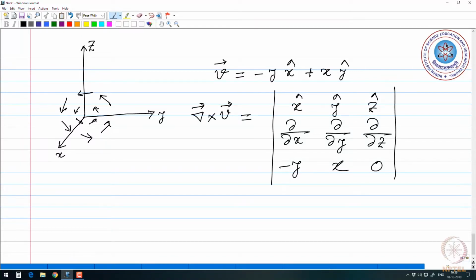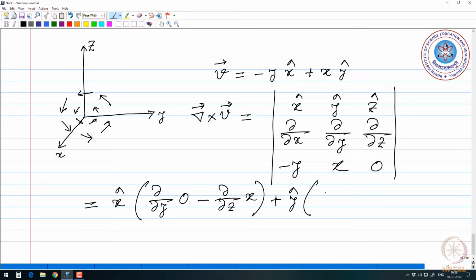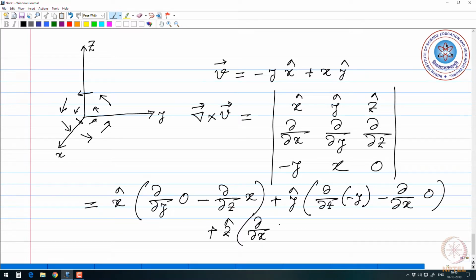If we work out the determinant, it turns out to be x cap, del del y of 0 minus del del z of x, plus y cap, del del z of minus y minus del del x of 0, plus z cap, del del x of x minus del del y of minus y.